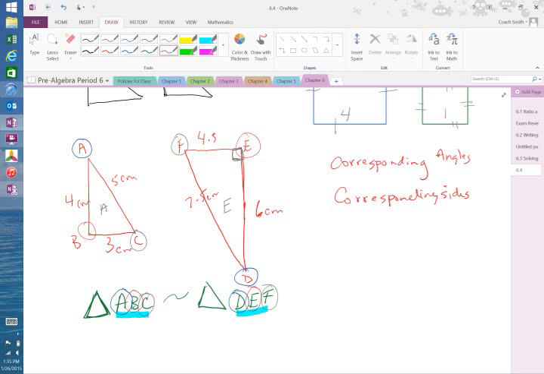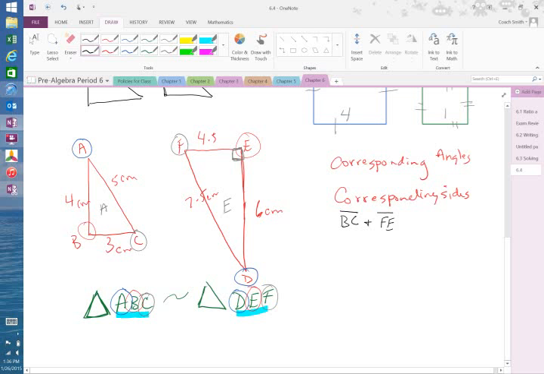In other words, side BC on this triangle is which one on the bigger triangle? FE. Yeah. So there's your first one, line segment BC and line segment FE. That's your first corresponding side.